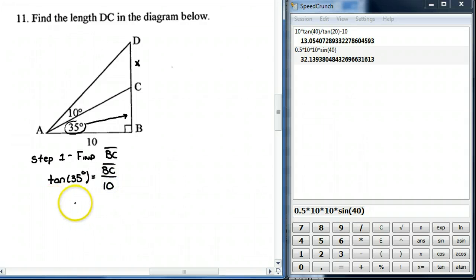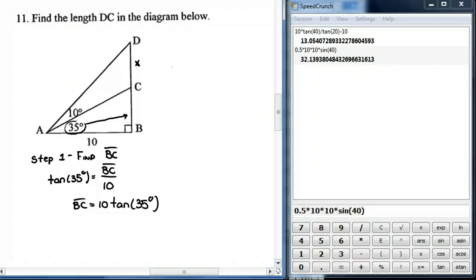So length BC is equal to 10 tan 35 degrees. Now at this point, I could, if I want, work out BC as a decimal, but I'm not going to do that. I'm going to keep it in that form because that way there's no approximation of the value.